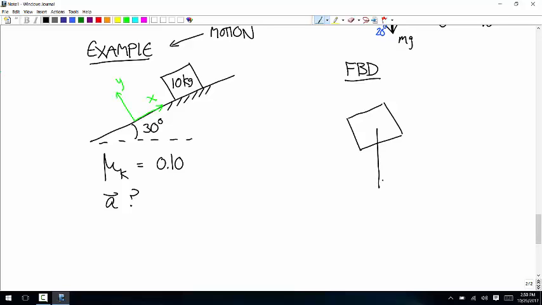There's a downward force of 10 times 9.81, so 98.1. There's a normal force like that. Which direction does the friction force go? It goes to the right and up along the surface. So that's 0.1 N for this.